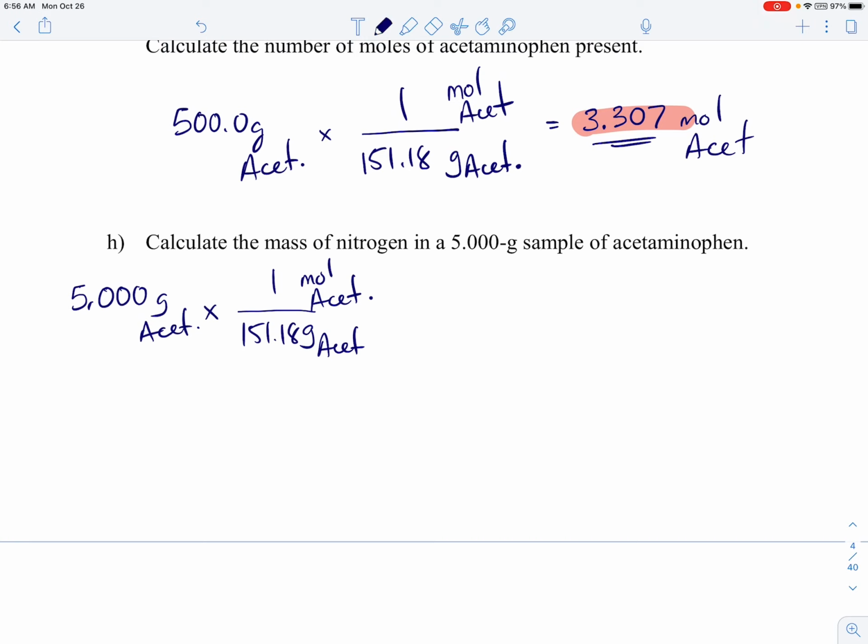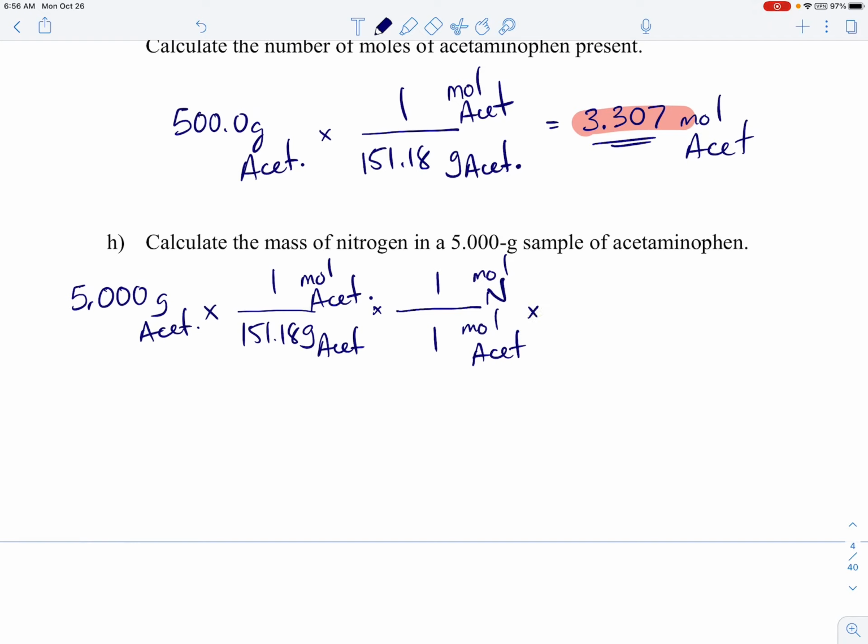So if we're trying to find the mass of nitrogen, why don't we convert the moles of acetaminophen into moles of nitrogen? The fact that there's 1 nitrogen in the formula tells me that there's 1 mole of nitrogen for every 1 mole of acetaminophen.